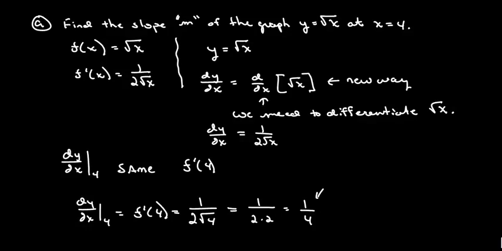This is not the tangent line. This is the m value. This is the slope of the tangent line. Okay, that's what that is.